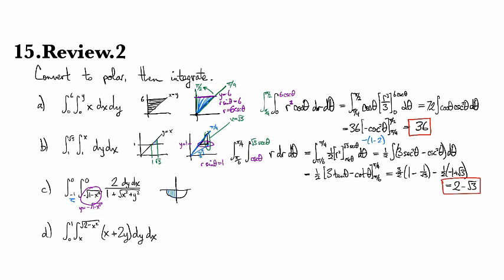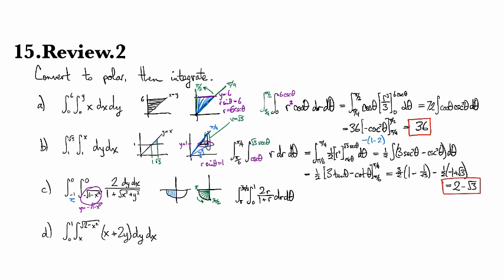Setting this up in terms of polar, I'm going from pi around to 3 pi over 2, and it's just a polar rectangle, aka I'm going from 0 to 1 all the way around.